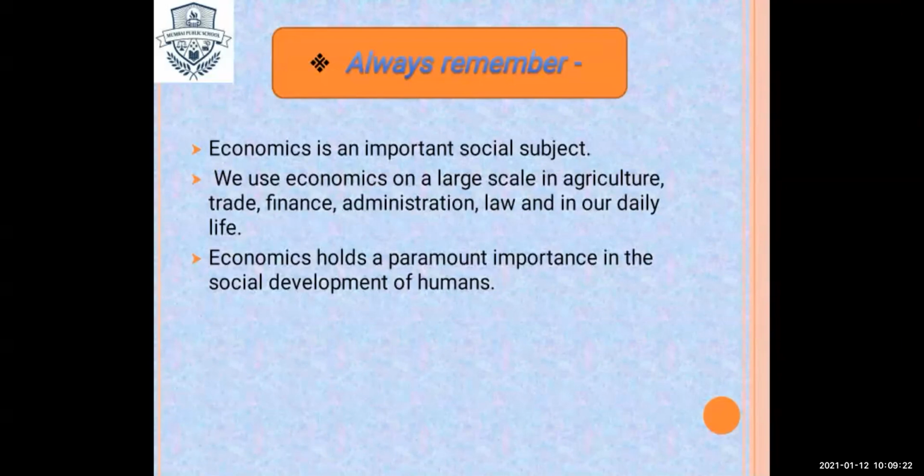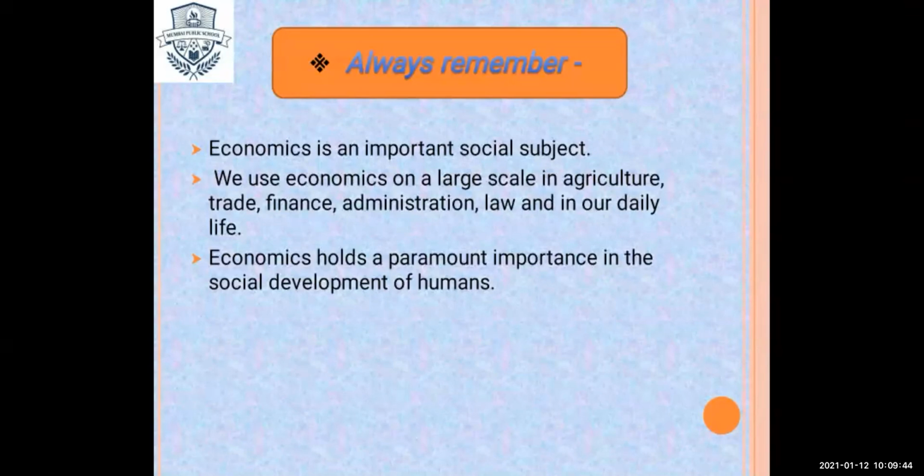When we are able to manage those resources properly, then the money which is in the country's hand is available in a very good condition, meaning the economy is going in good condition.